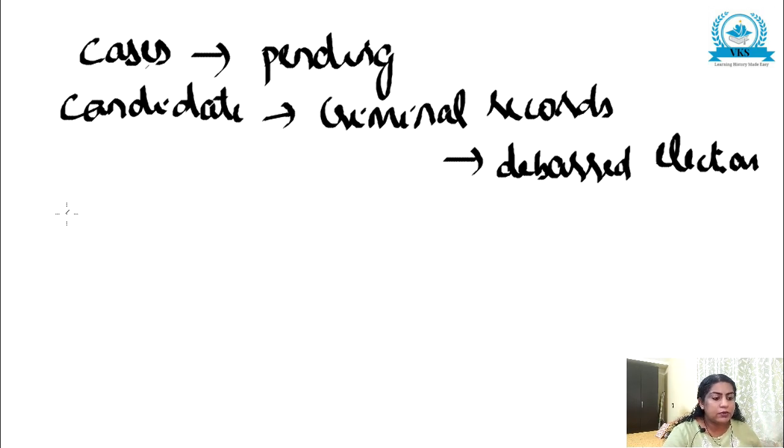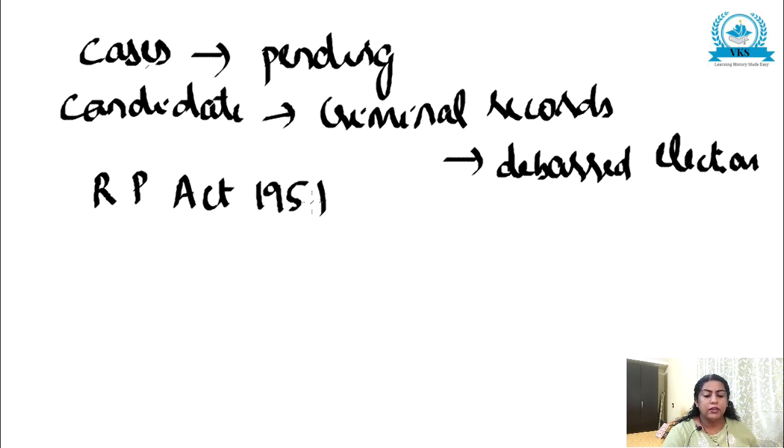Now, disqualification for criminal offences is provided in the RP Act 1951. It is said that, first, a person is disqualified for contesting election on conviction by the court of law.